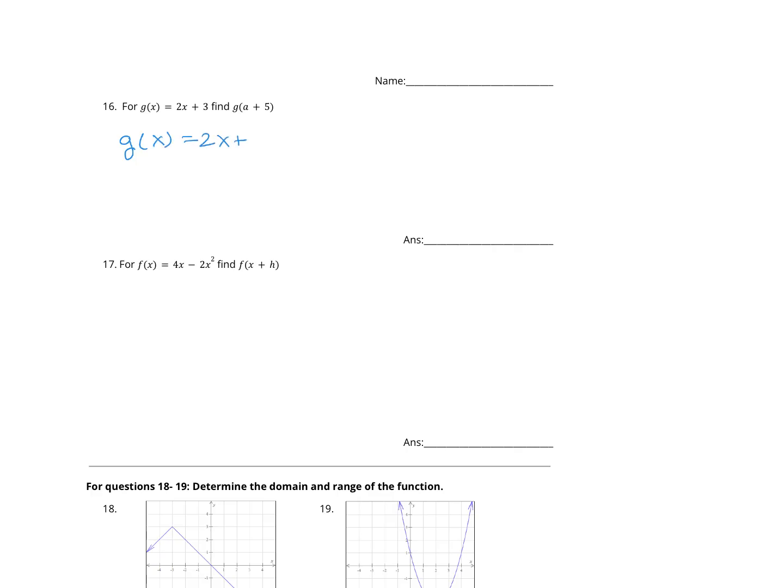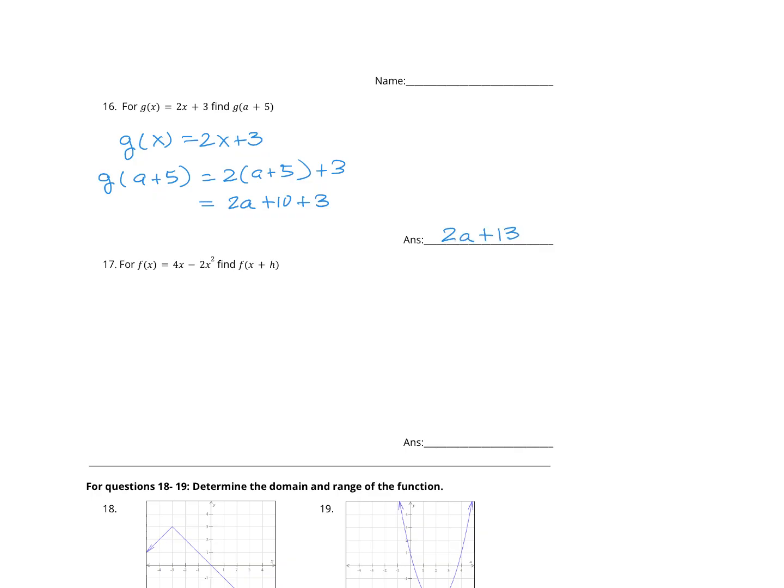So this function is going to take whatever you substitute into it and multiply it by 2 and then add on a 3. It's going to do the same thing to a plus 5. It's going to take that a plus 5 and multiply it by a 2 and add 3 to the final answer. If we simplify this down, that's 2a plus 10 plus 3. That's going to be 2a plus 13.